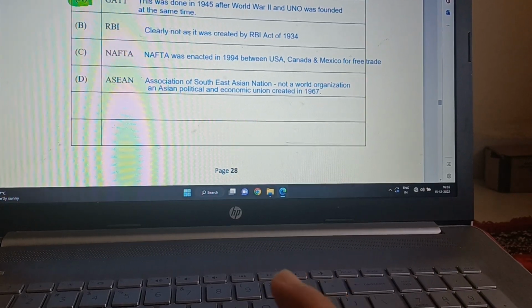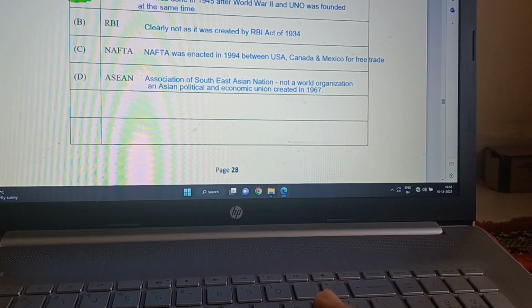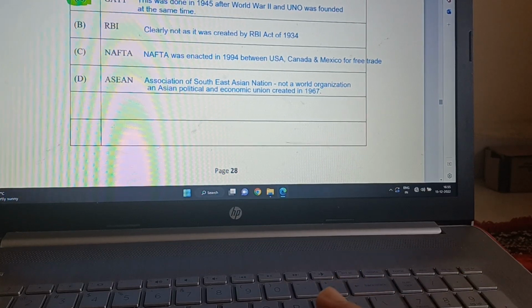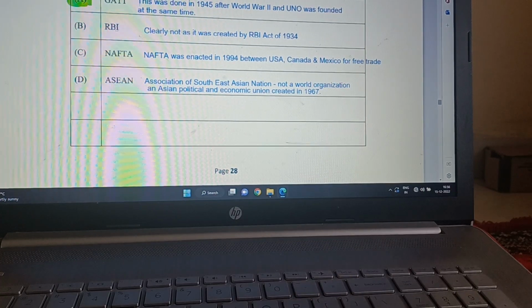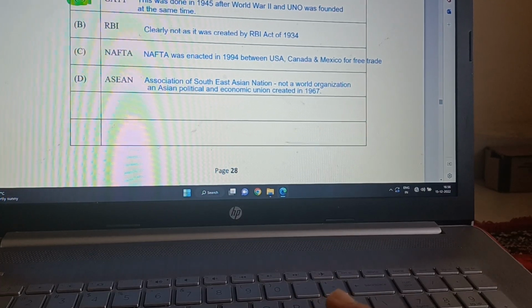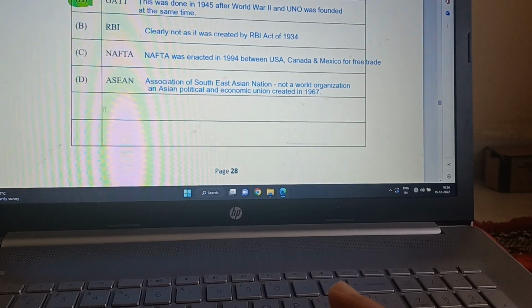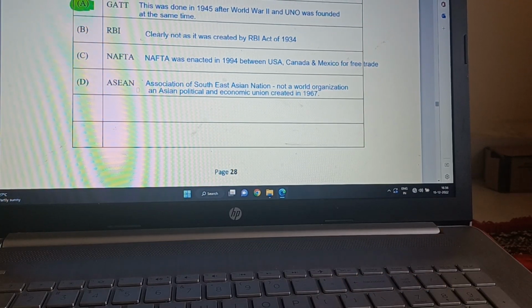So you could have guessed that Bretton Woods, as the name suggests, could be in the USA or in the UK. These are the only two places where Bretton Woods can happen. And RBI cannot happen in the UK or the USA. NAFTA is a US organization, but it was the most recent, and ASEAN cannot happen. So B and D could have been straight away discarded.